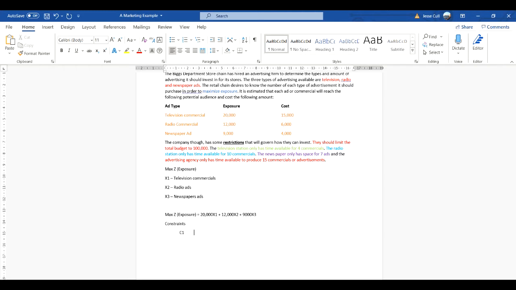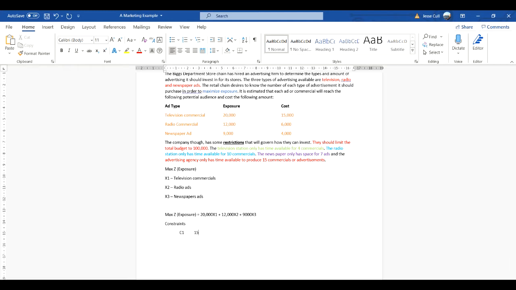Now C1 in this situation, we know is the total amount available for advertisement is 100,000, and that we see right here. They should limit the total budget to 100,000. So now we're going to multiply our cost per advertising type, and it must be less than 100.